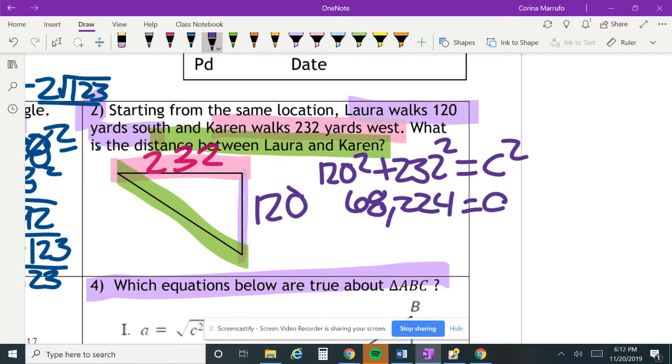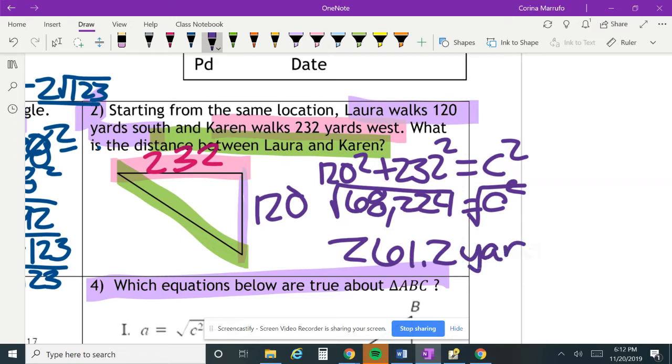This is equal to c squared. Then our last step is to take the square root on both sides, and that gives us 261.19. So 261.2, and our units are yards.